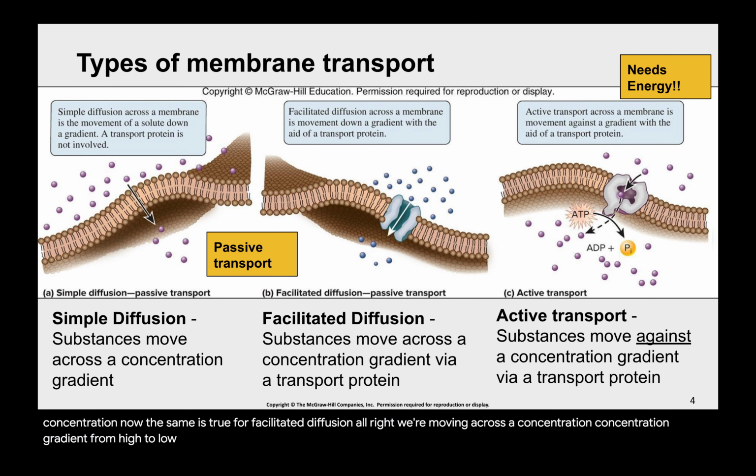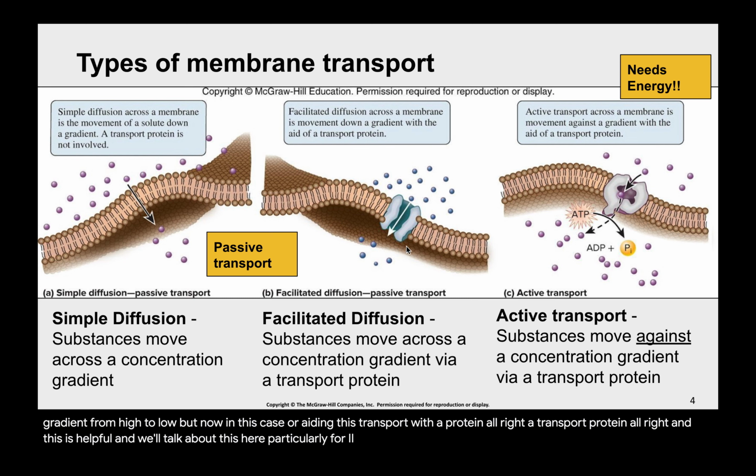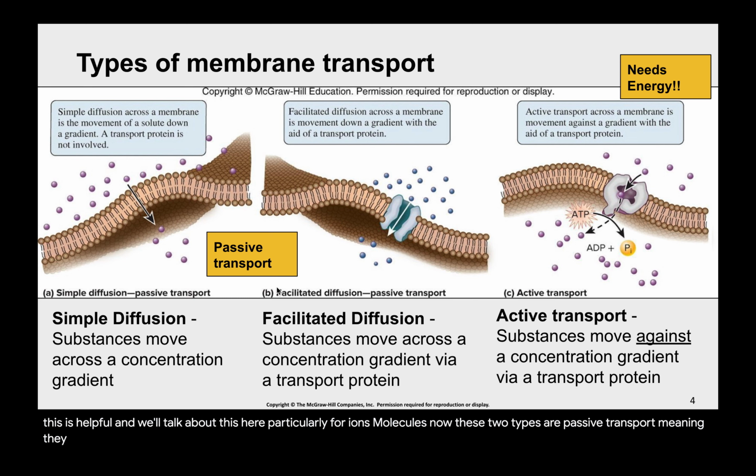But now in this case, we're aiding this transport with a transport protein. This is helpful, and we'll talk about this here, particularly for ions and any hydrophilic molecules. Now these two types are passive transport, meaning they don't need any energy input in order for movement to occur. They simply follow a concentration gradient.